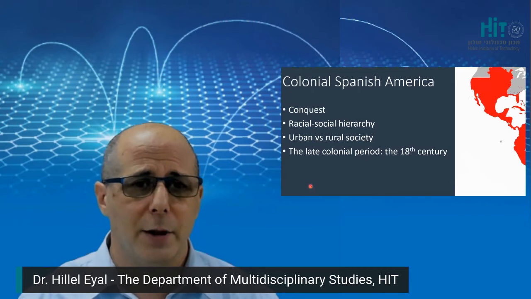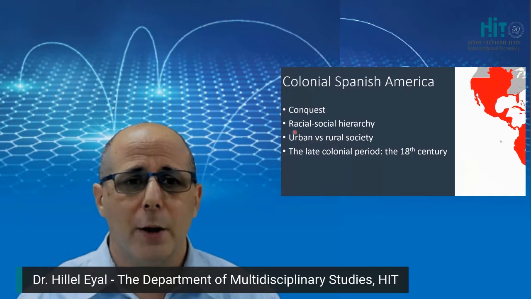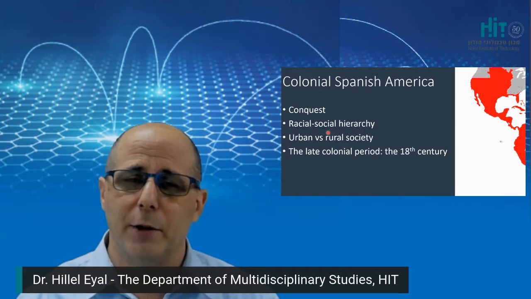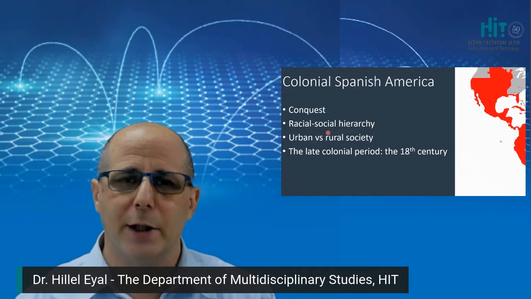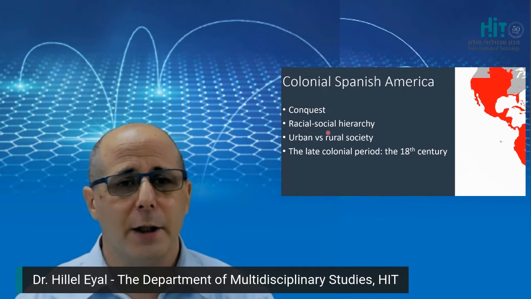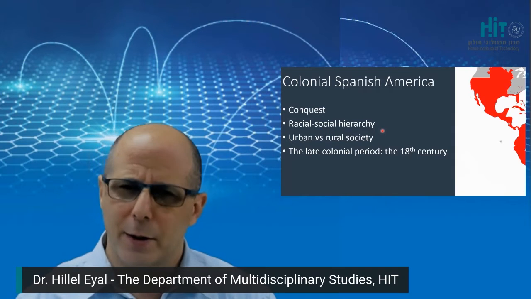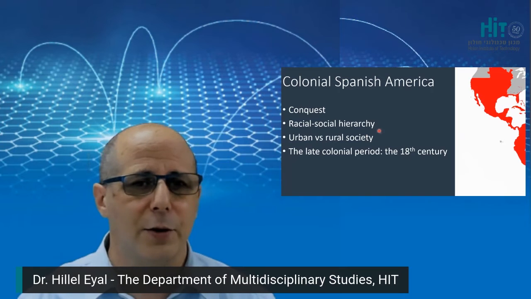And after the major conquest, they establish a colonial society in which there is a racial and social hierarchy, meaning that at the top of society we have the Spaniards who rule and who dominate the economy, and at the bottom we have primarily Indians and later on also African slaves. So these two major groups form the lower classes of society.